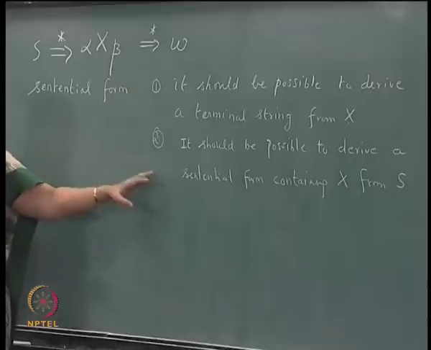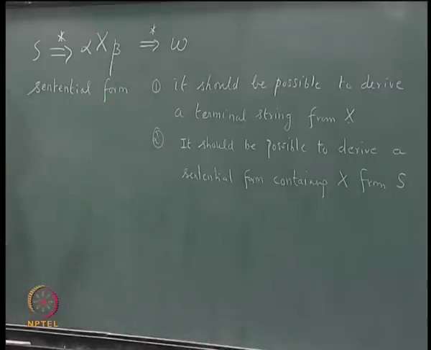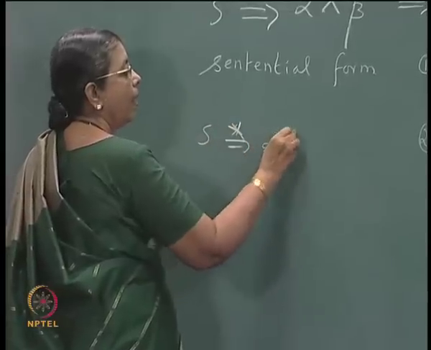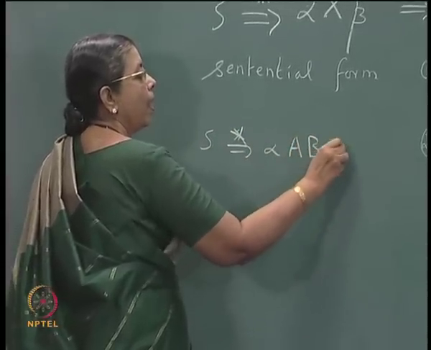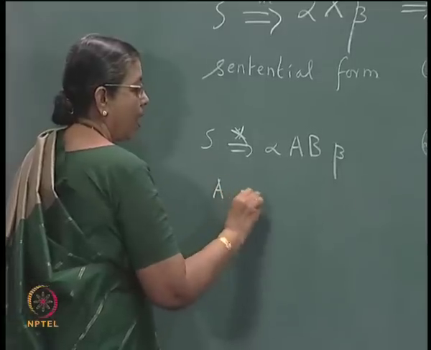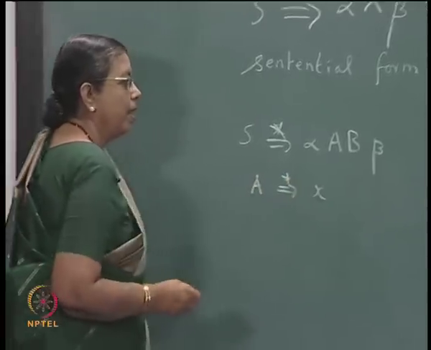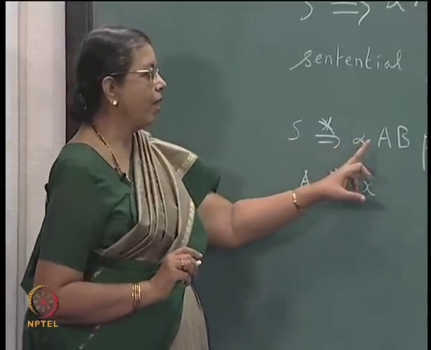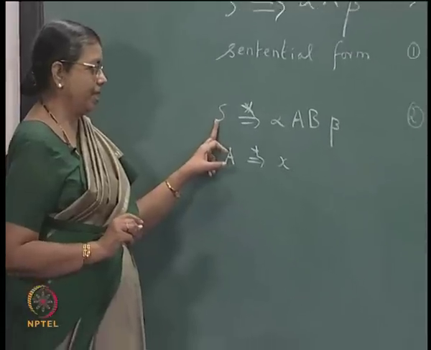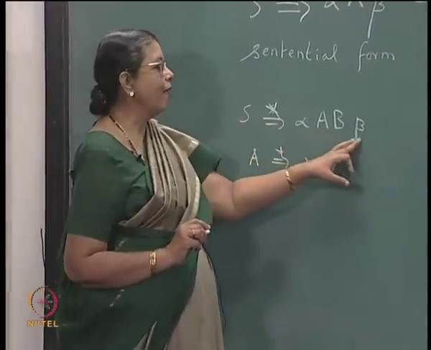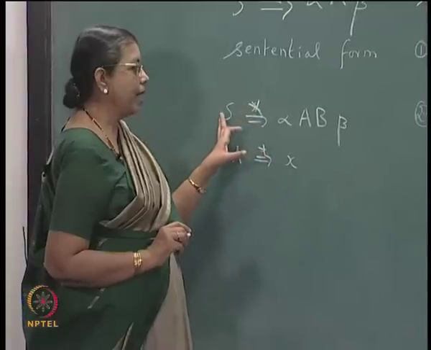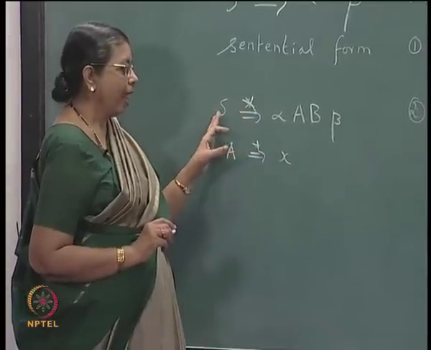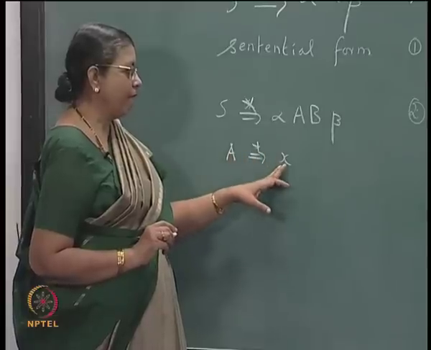But if you use only these two conditions, it may be, see, suppose I have something like this. I have a sentential form alpha A B beta derivable from S, and this is the only sentential form in which A will occur starting from S, and then from A it is possible to derive a terminal string.